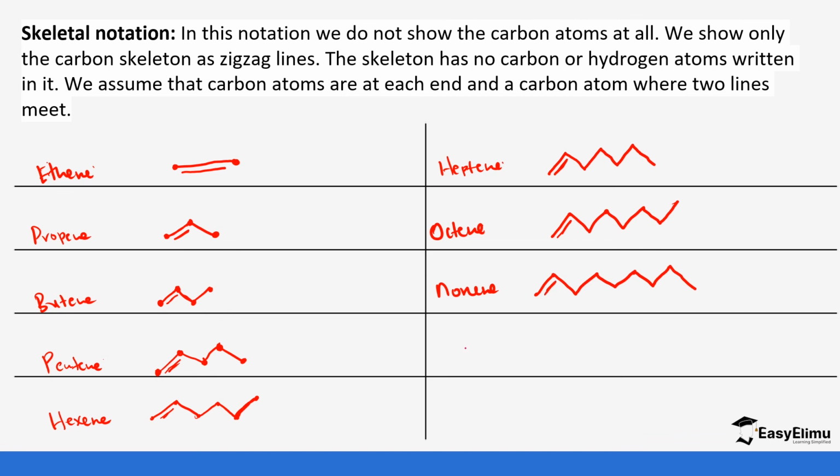And finally, decene, 1, 2, 3, 4, 5, 6, 7, 8, 9, and 10. And then you put a line here. So that's how you represent the alkenes.